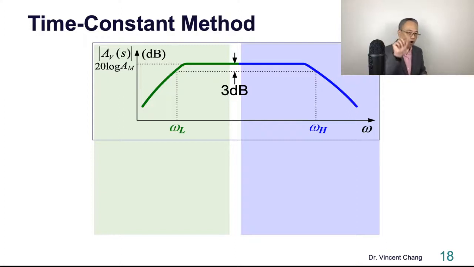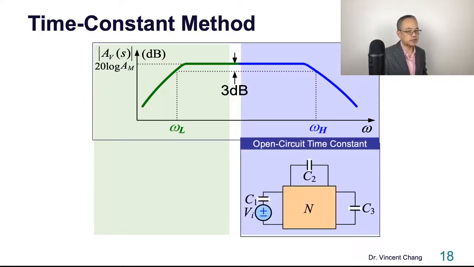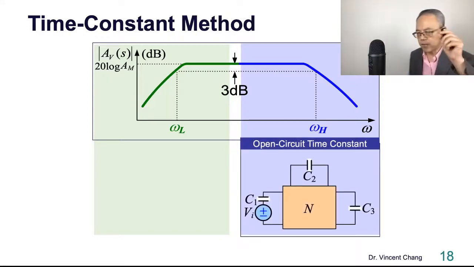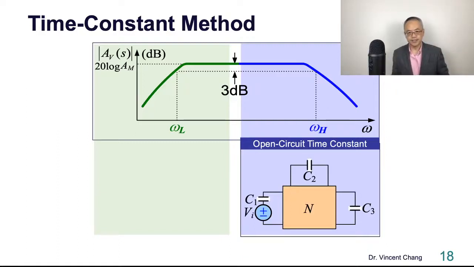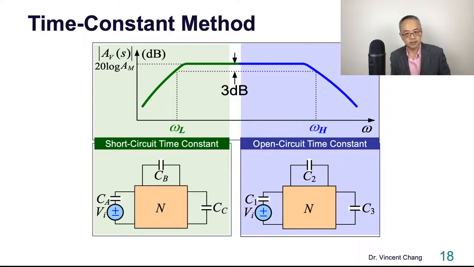It's called the open circuit time constant to deal with omega H at high frequency. And on this end, it's called the short circuit time constant to quickly estimate the lower 3 decibel frequency. Again, don't be intimidated by this area, okay?